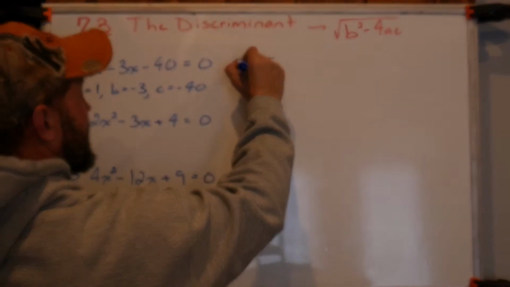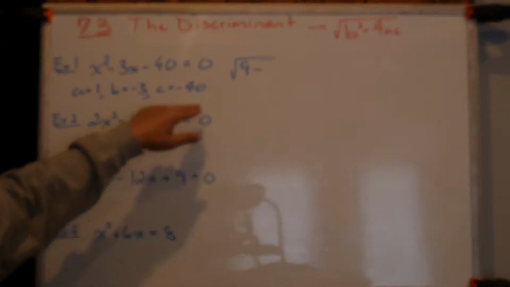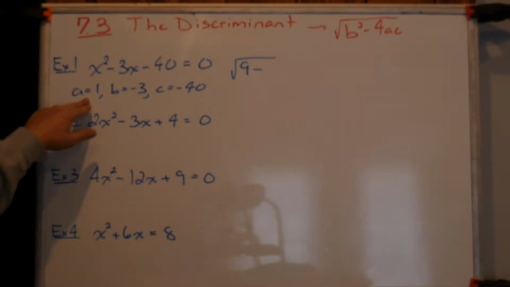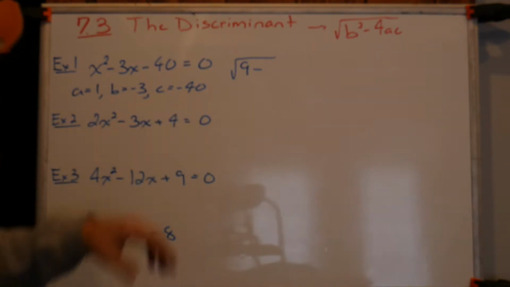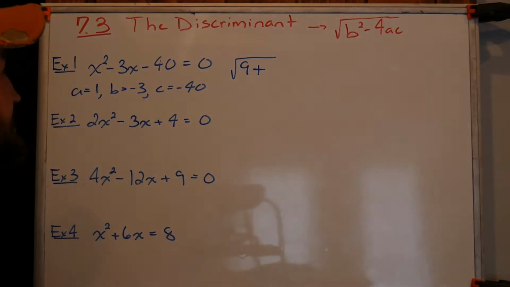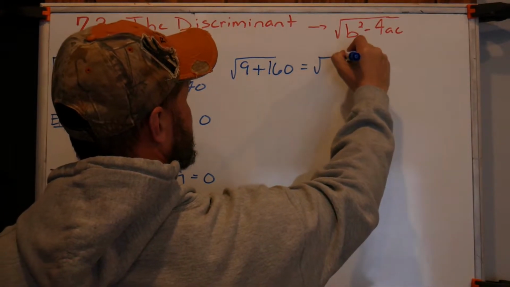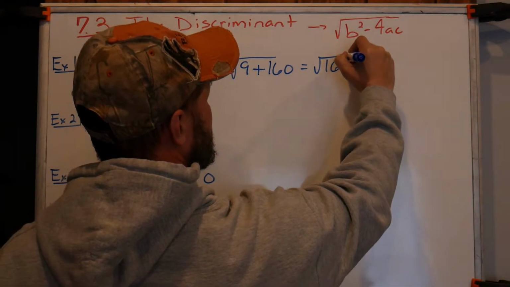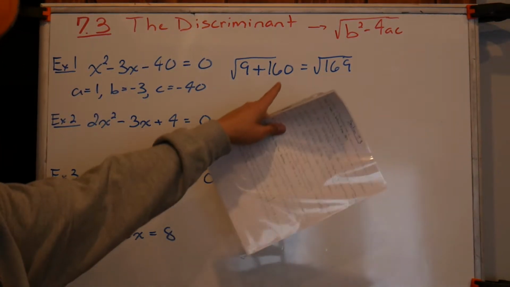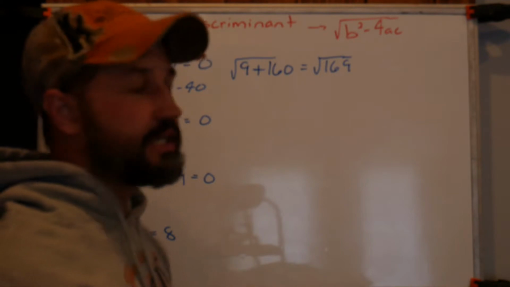So we have 9, and we're taking -4AC. So -4 times 1 is -4. -4 times -40 is positive 160. In this case, we have square root of 169, which is 13.